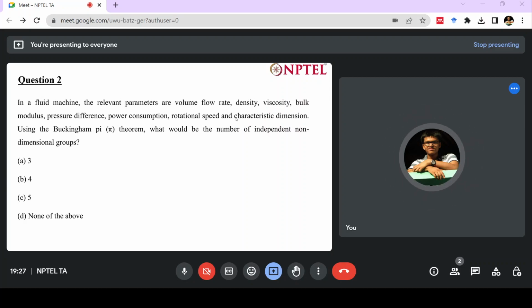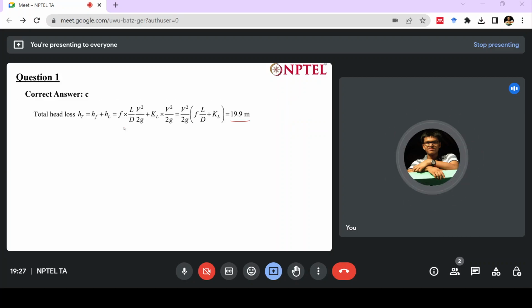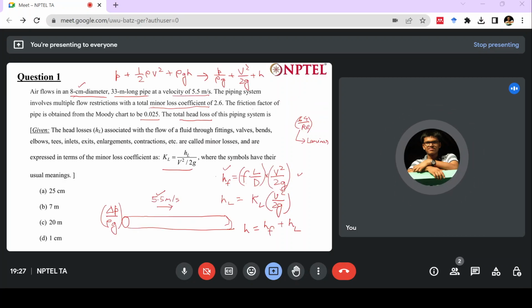Next, another topic that we have not touched upon is the Buckingham Pi theorem. The Buckingham Pi theorem lets us solve problems like we just did. What we did is basically take all the parameters into this coefficient and relate our head, which is a length, with another length parameter, which is V square by 2G.